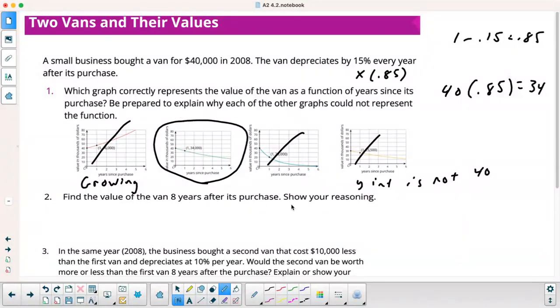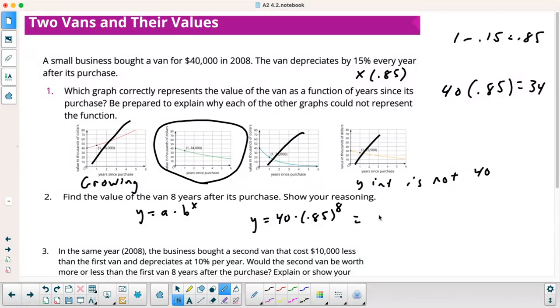Find the value of the van 8 years after its purchase. So they don't give me an equation, but remember we said y equals initial value a times b to the x. So y is my final value. The initial is 40 times 0.85 to the x. I'm going to plug in 8 for x, and that'll give me the value because you basically multiply by 0.85 every year for 8 years.